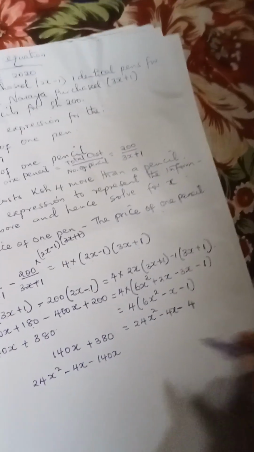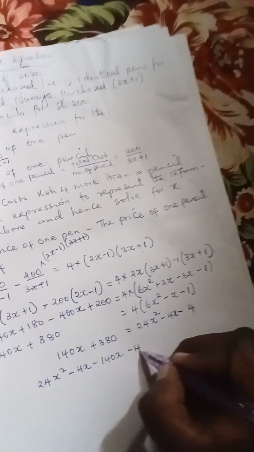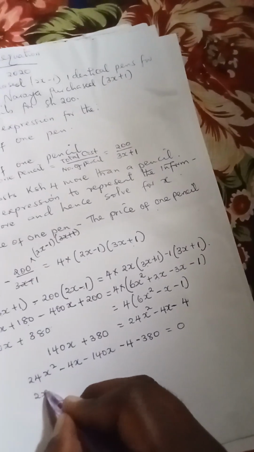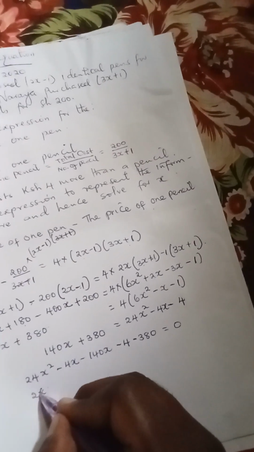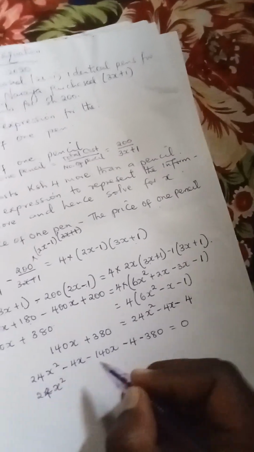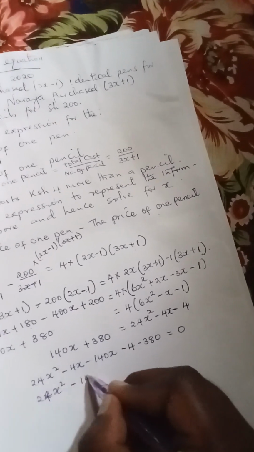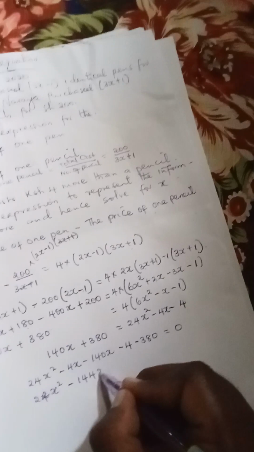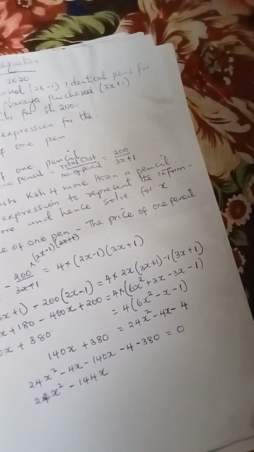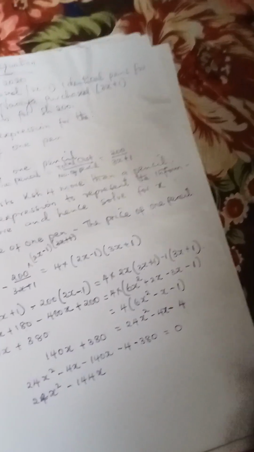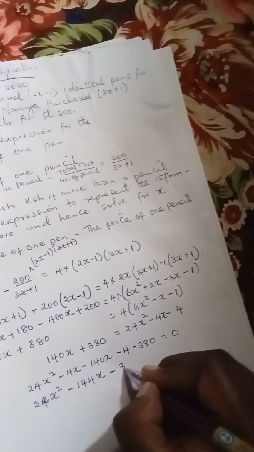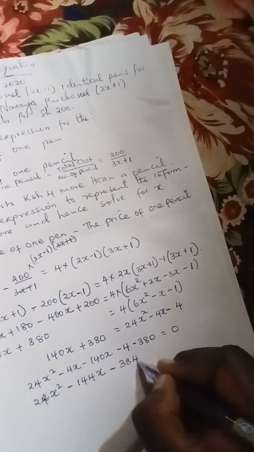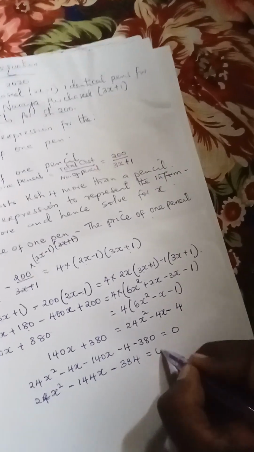Now it is positive, minus 4 minus 380 will give you 0. So that will give us 24x squared minus 144x minus 384 will give you 0.